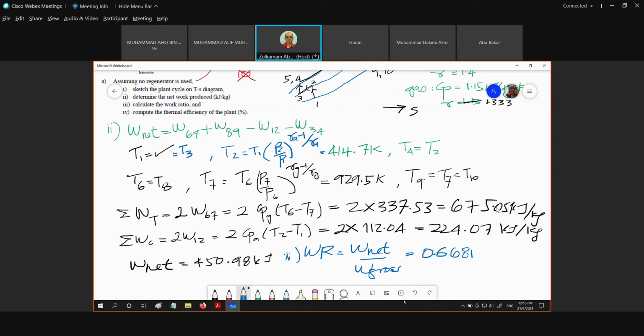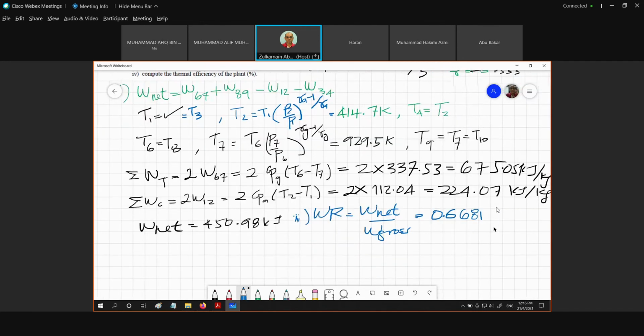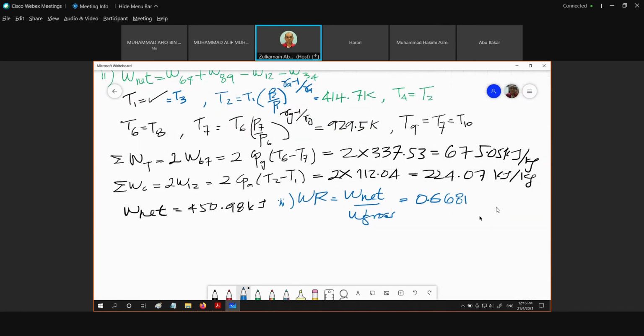And next is to get the thermal efficiency. Then we need to get the heat input. So this is our thermal efficiency, equal to W net divided by the Q in.